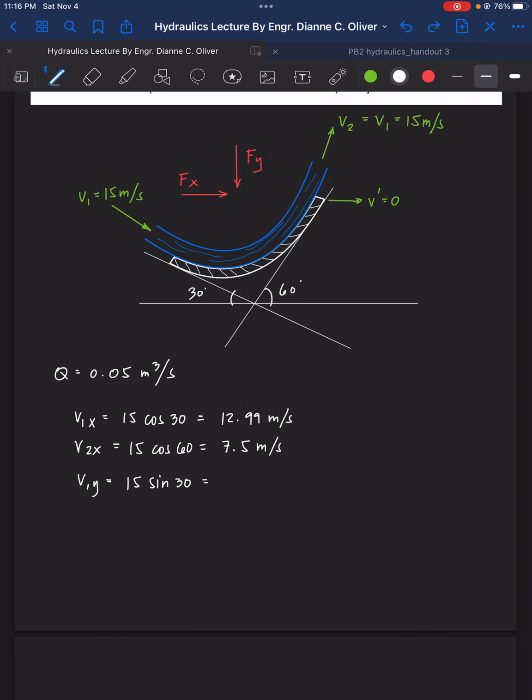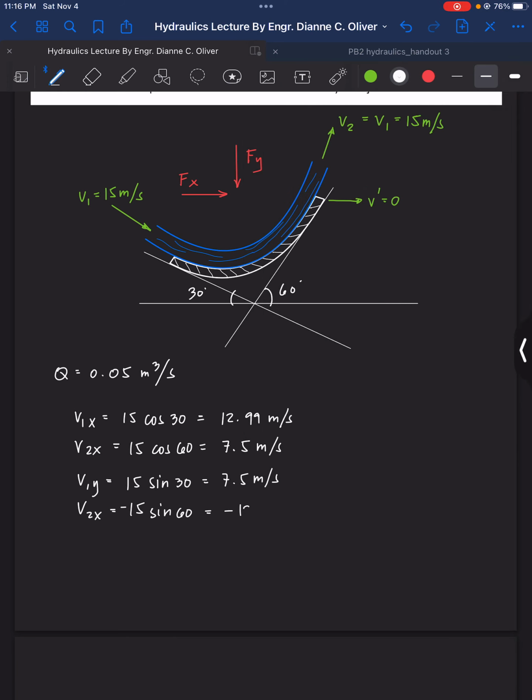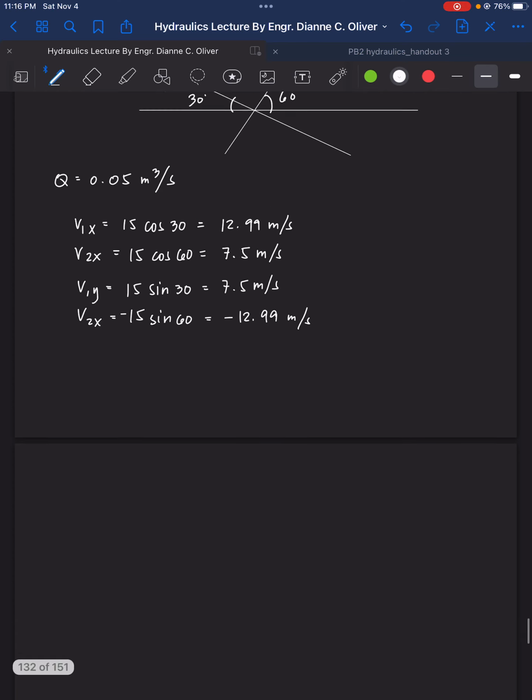So V1y is 7.5 as well. And then V2y is equal to 15, also, it's directed upward, so this is negative 15 sine 60. So that is equal to negative 12.99 meter per second. Substitute all of this into the formulas.